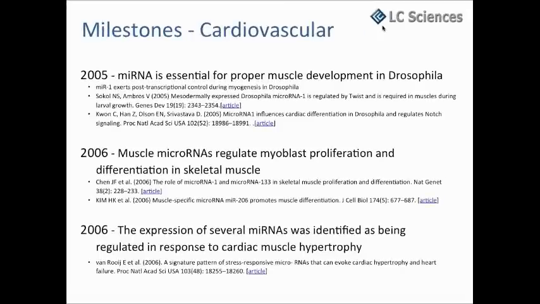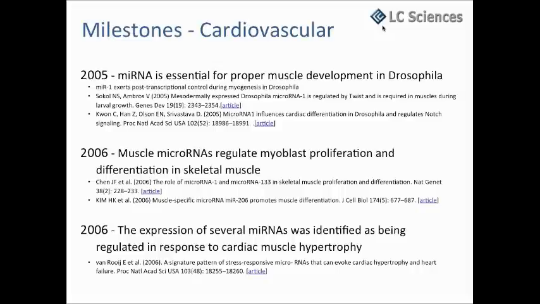A little bit more specific, looking into the cardiovascular field, it's certainly one of the fields that adopted the microRNA field pretty early on. Back in 2005, 2006 is pretty much when everything started. It initially started with the discovery of microRNA-1, that it's essential for proper muscle development in Drosophila initially.